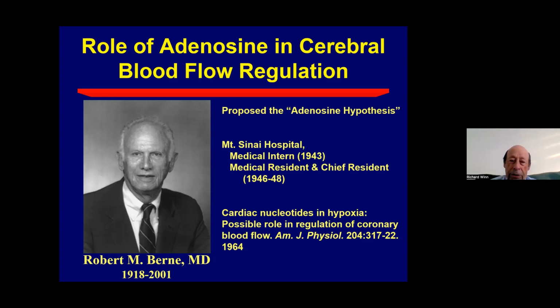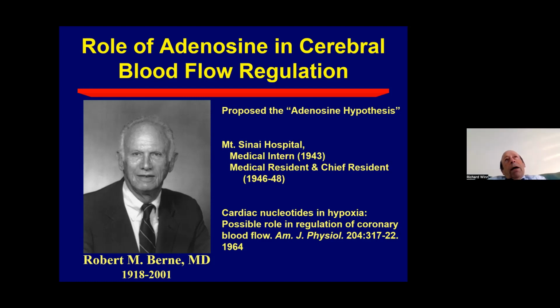Bob Byrne was a remarkable guy, member of the National Academy of Sciences, Harvard Medical School, did his internship at Sinai, then went out in World War II to the Pacific, came back and finished in cardiology, and then decided that he really wanted to spend his life in investigation.